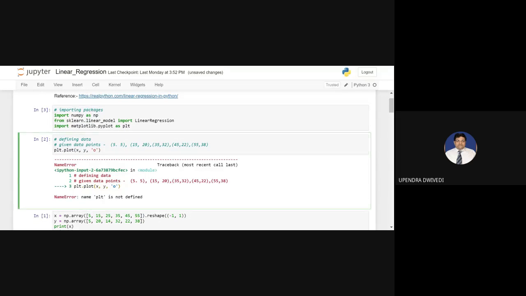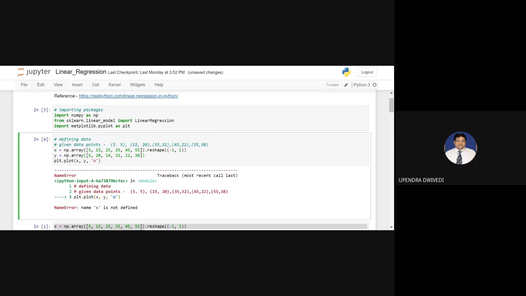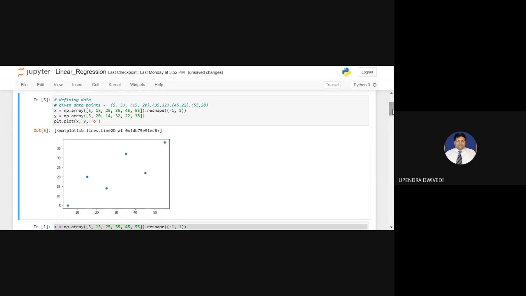So the package is imported. X and Y is not defined. Okay, let me copy the data points here. Now we'll plot these data points. So you can see these are our given data points. Your X and Y are represented by these data points.